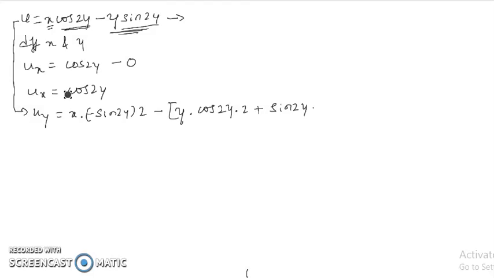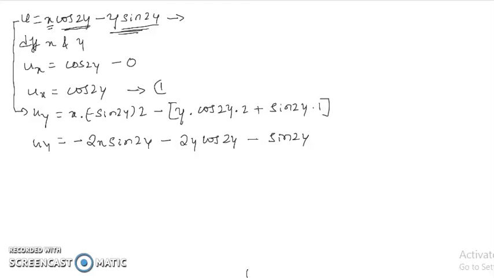Y differentiation is going to be 1 with respect to y. So if I simplify this, minus 2x sin 2y, minus 2y cos 2y, minus sin 2y. So this is what u subscript y we are getting.